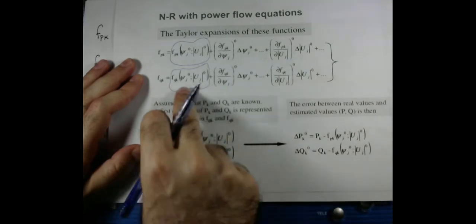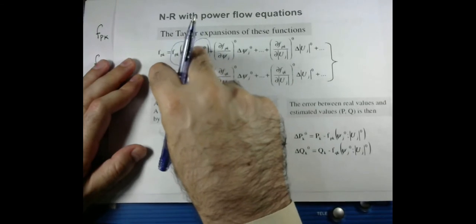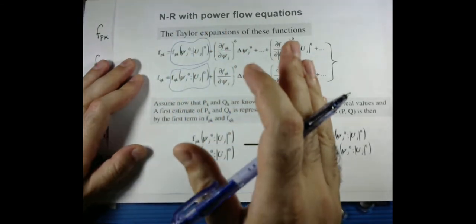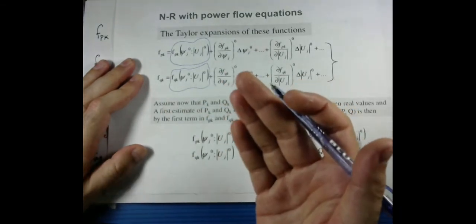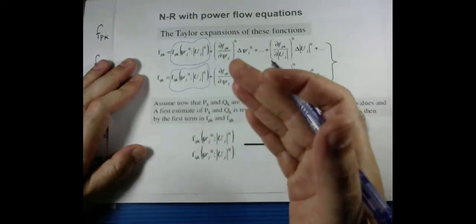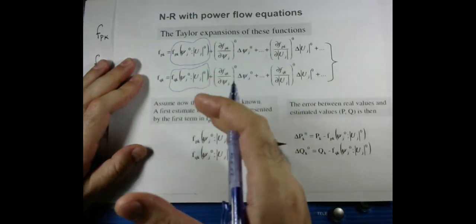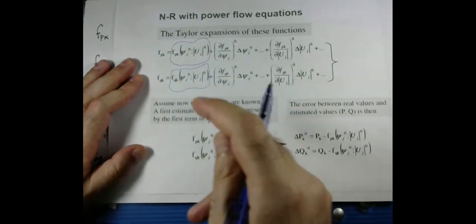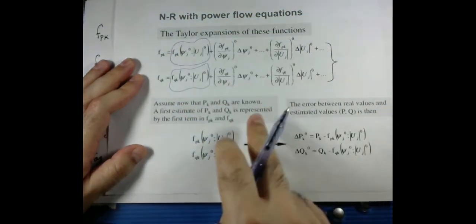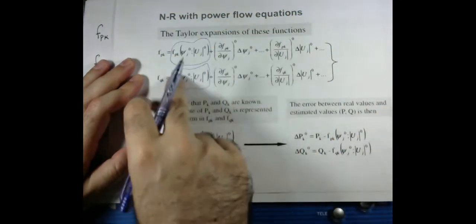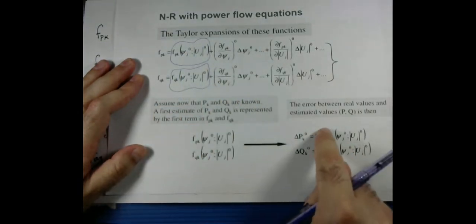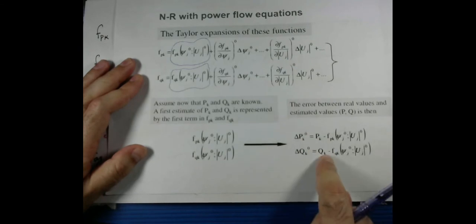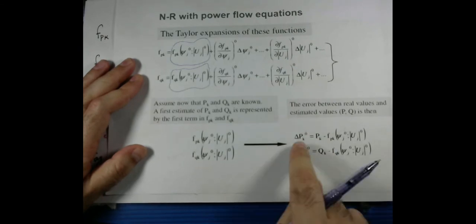I mentioned that we will do an exercise to make the steps clearer. So we calculate the first two terms based on the guess, and then subtract from the known values of the active and reactive power, and we get the error.